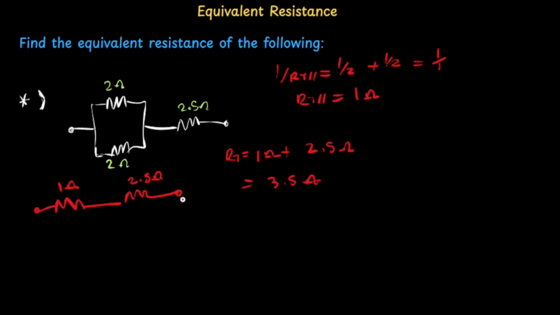Now, if I wanted to do this neatly in one step, I would simply say RT is equal to RT parallel plus R series, where RT parallel is the equivalent resistance of my parallel connection and R series is my resistor in series.